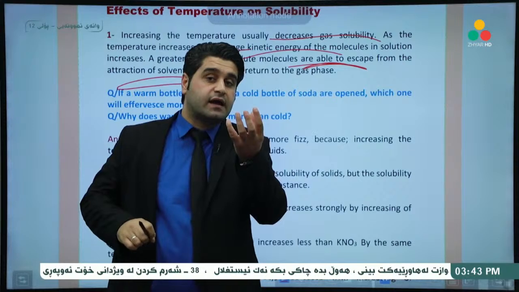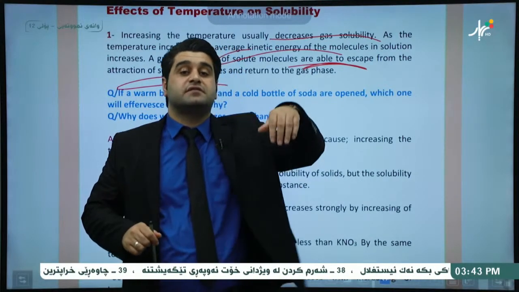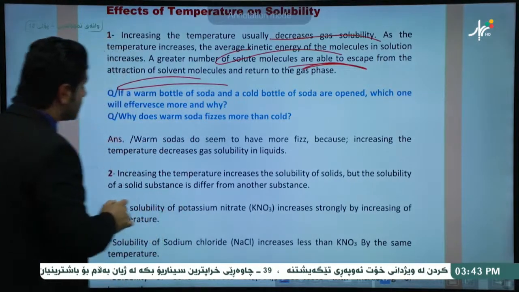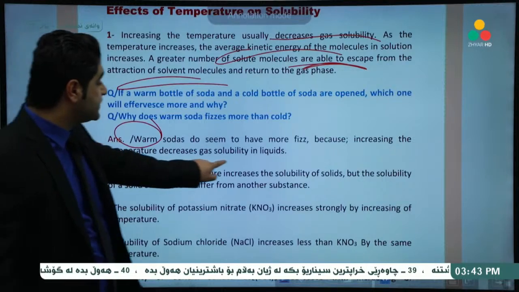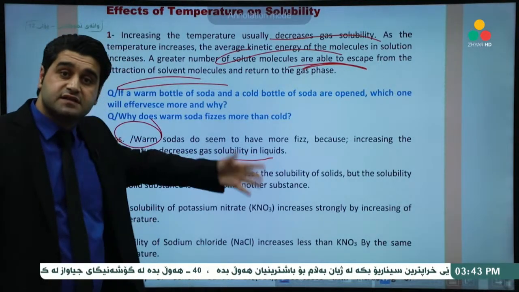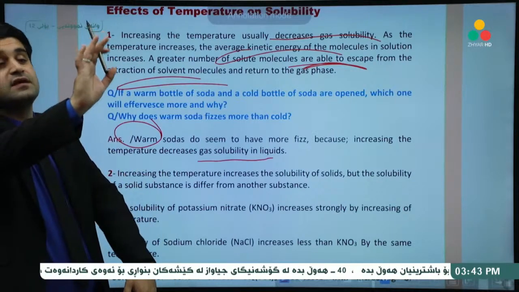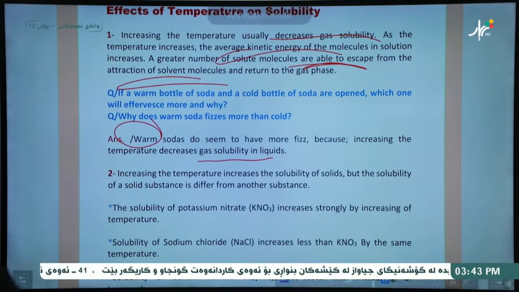But in cold soda we have more solubility, so the effervescence is decreased. So which of them fizzes more, cold or hot? Of course the warm one, because solubility decreases with increasing temperature. So if solubility decreases, effervescence increases. There is an inverse relationship between them.